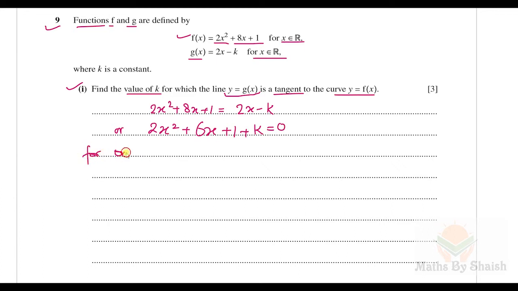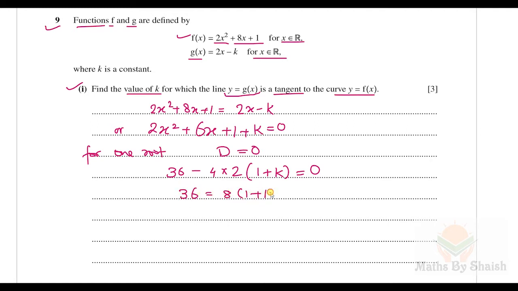For one root, D should be equal to 0, so it is 6 squared, that is 36, minus 4 times a times c, that is 1 plus k, should be equal to 0. We can cancel this by 4, or we'll write it like that only, and it is 36 is equal to 8 times 1 plus k.